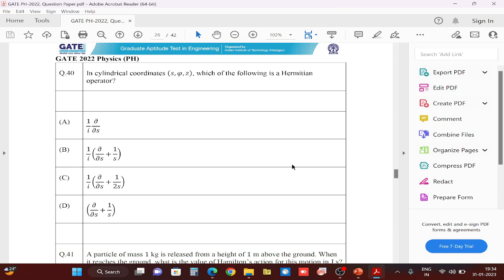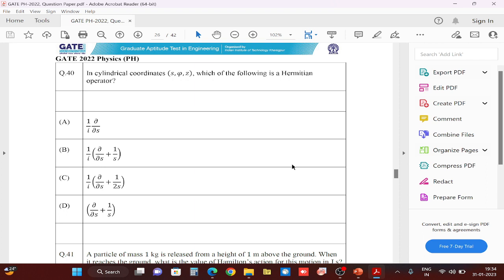The operator A cap is sandwiched between phi 1 and phi 2, so in bracket form we can write phi 1 A cap phi 2 as phi 2 A cap phi 1 whole dagger, right? Yes. And if it is Hermitian, then phi 2 A cap dagger phi 1 will be equal to phi 2 A cap phi 1 whole dagger.